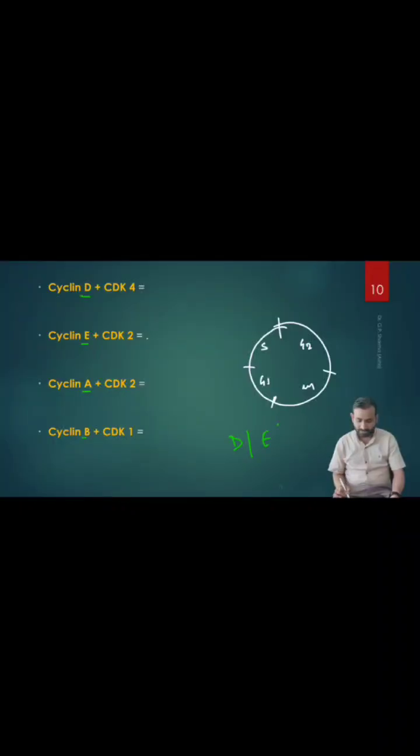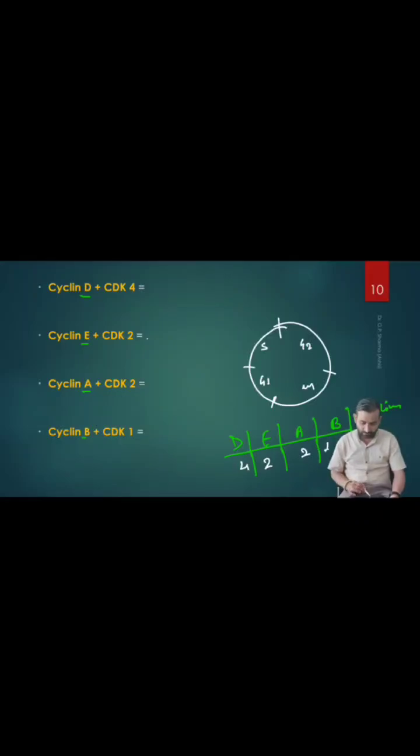D, E, A, B. These are the cyclins. And the CDKs appear in the sequence of 4, 2, 2, 1. If you remember, we discussed this in previous lectures, right? So 4, 2, 2, 1, these are what?